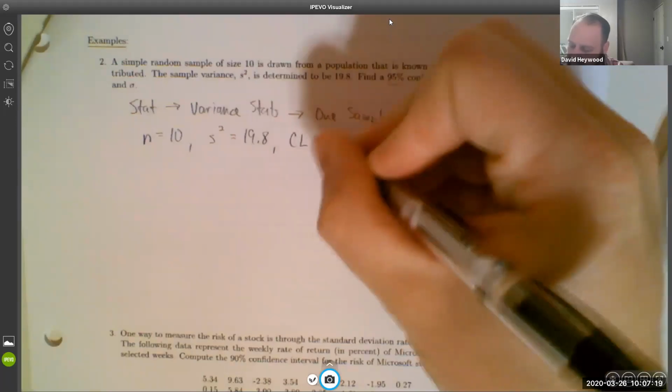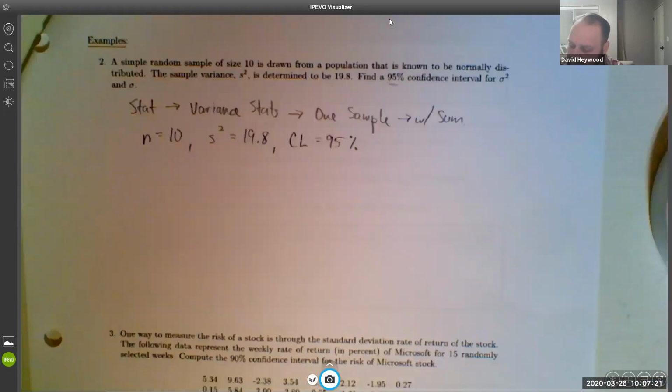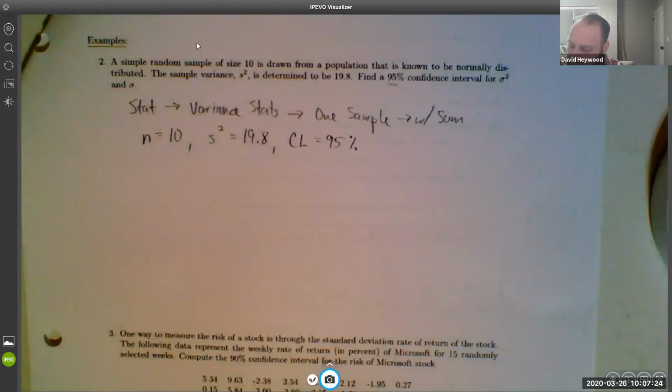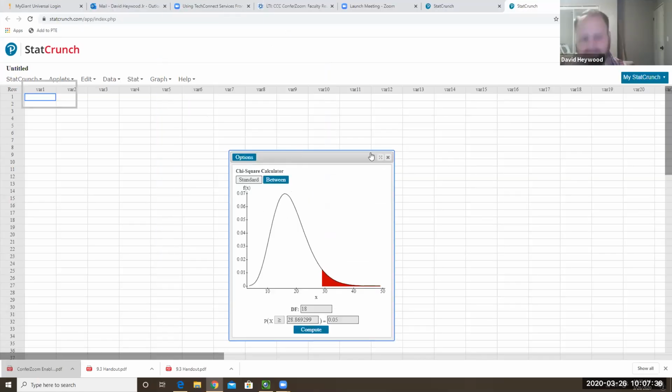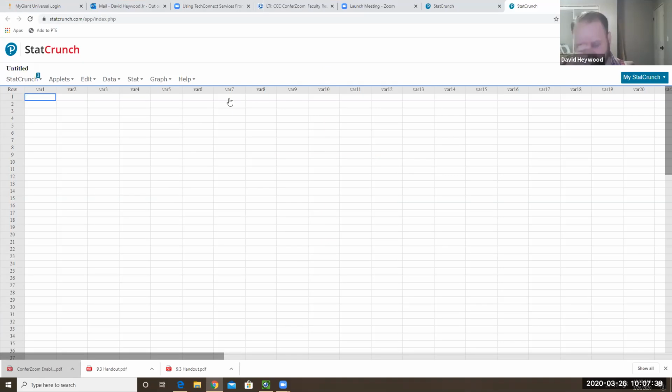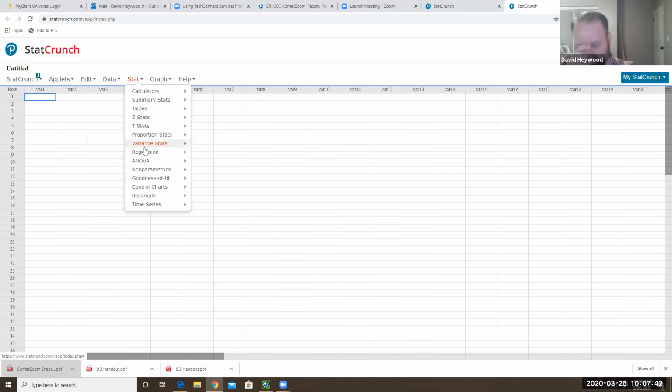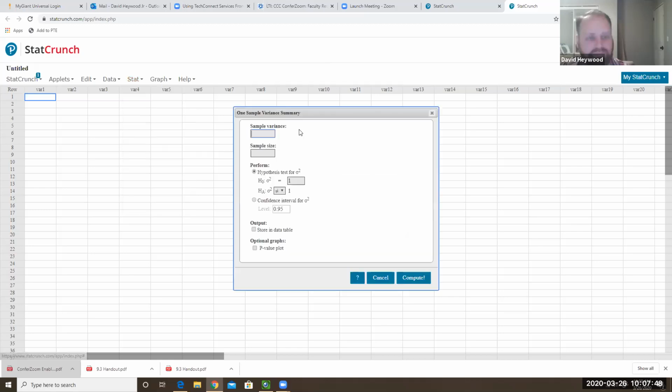Okay, so let's go to StatCrunch and enter all that information and see what we get. Here we go. So we go to Stat, Variance Stats, one sample with summary. Our sample variance we said was 19.8.